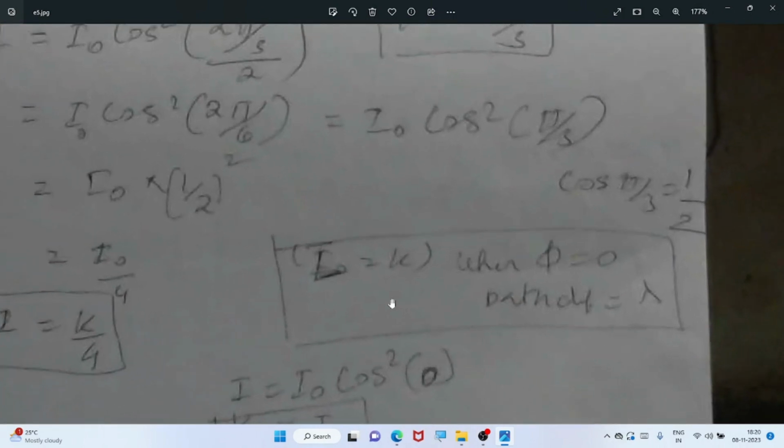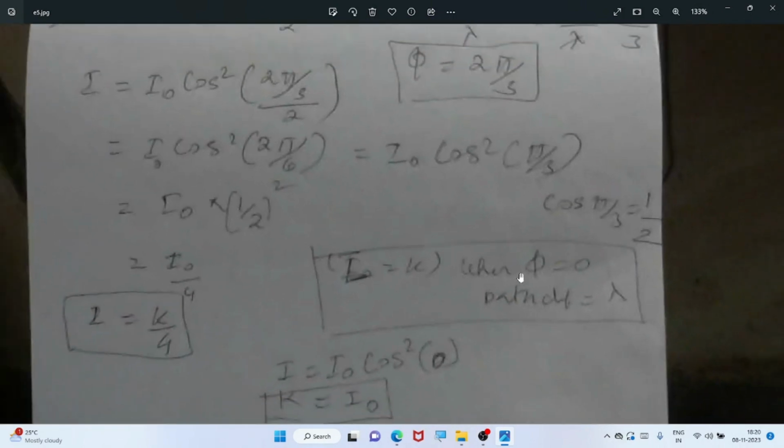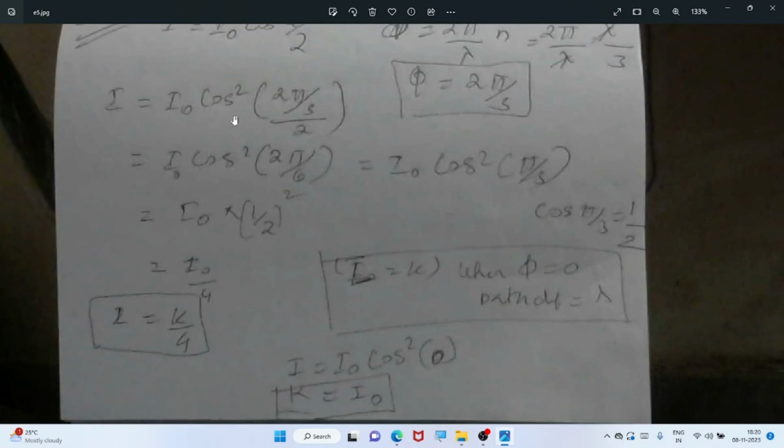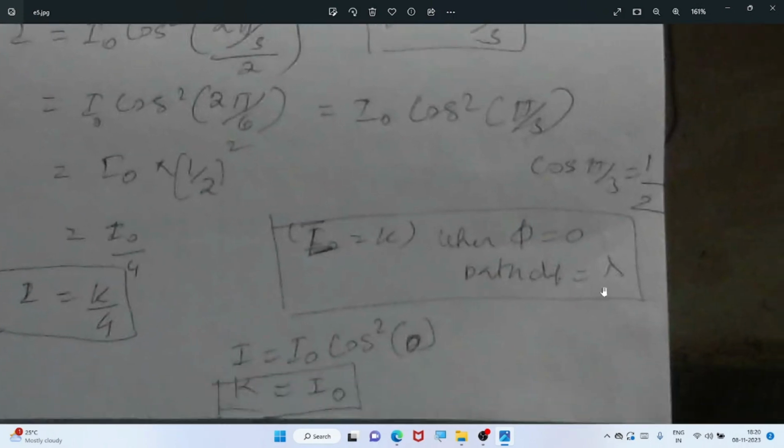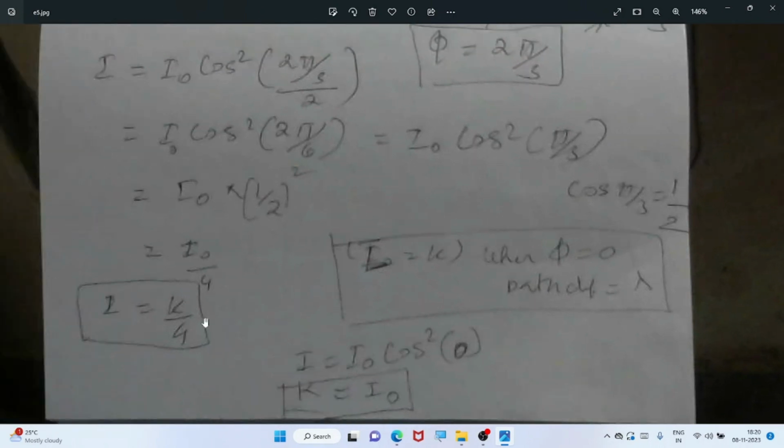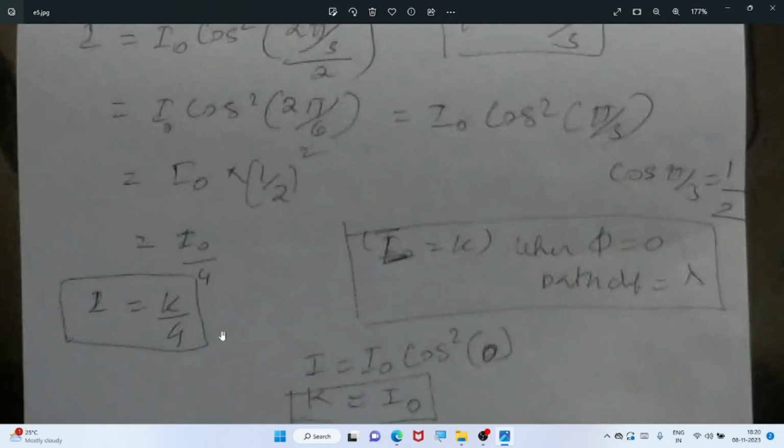So I equal to K when phi equal to 0, that is, when phase difference is 0, they have given lambda, that means phase difference is 0, this is K. Okay. So K equal to I naught. Then the final intensity will be K by 4.